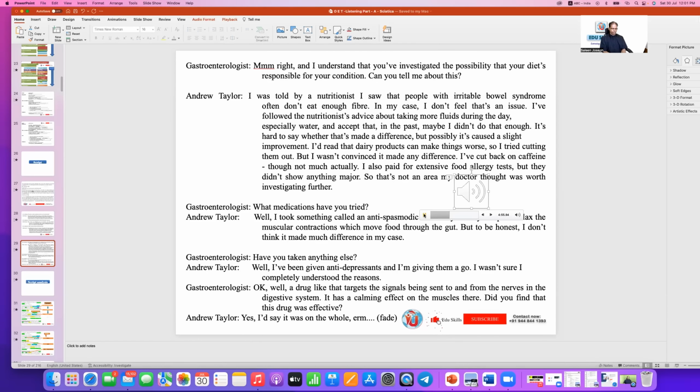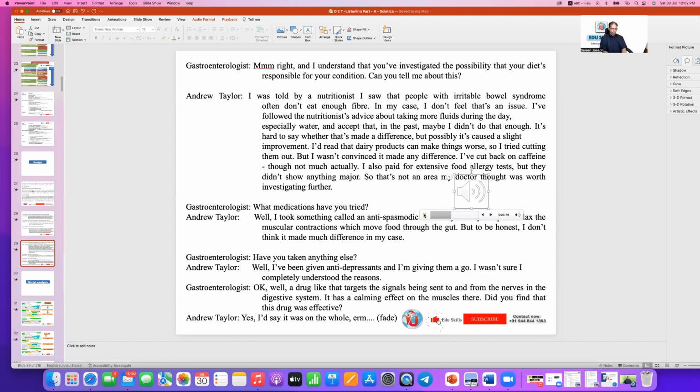It's hard to say whether that's made a difference, but possibly it's caused a slight improvement. I'd read that dairy products can make things worse, so I tried cutting them out, but I wasn't convinced it made any difference. I've cut back on caffeine, though not much, actually. I also paid for extensive food allergy tests, but they didn't show anything major, so that's not an area my doctor thought was worth investigating further.